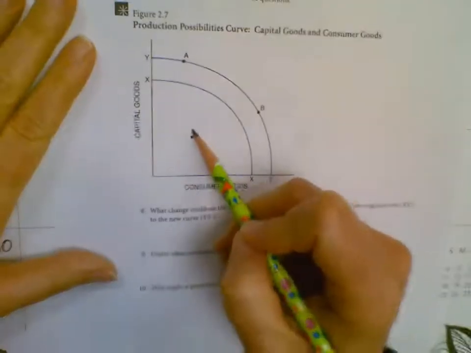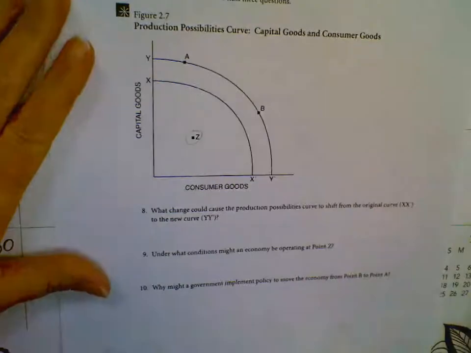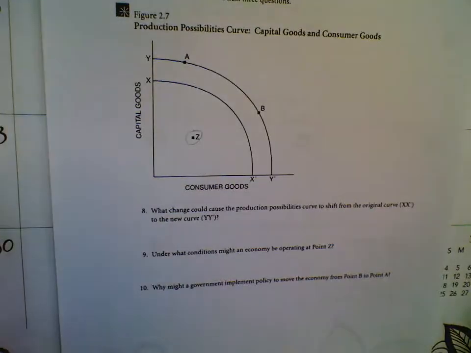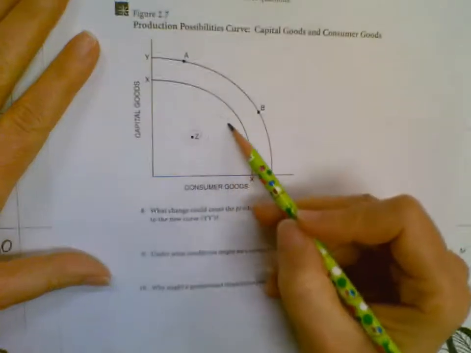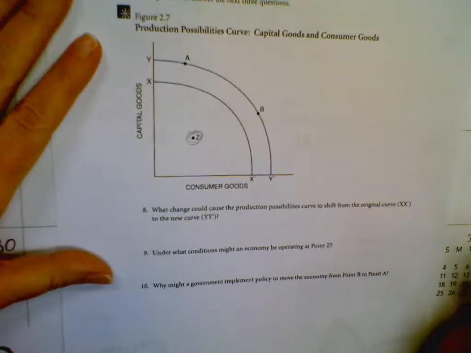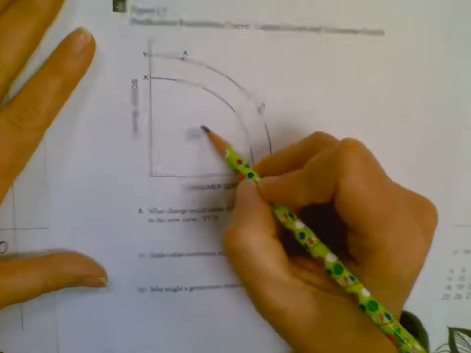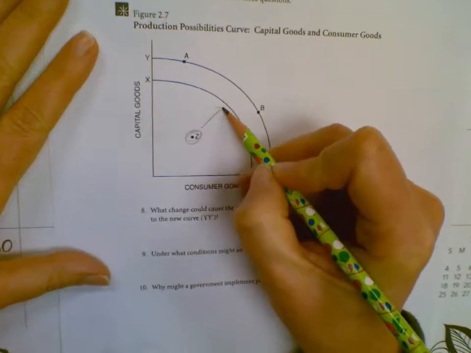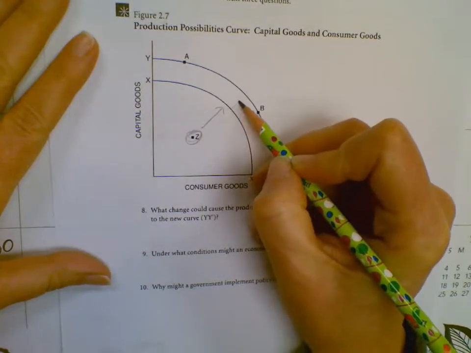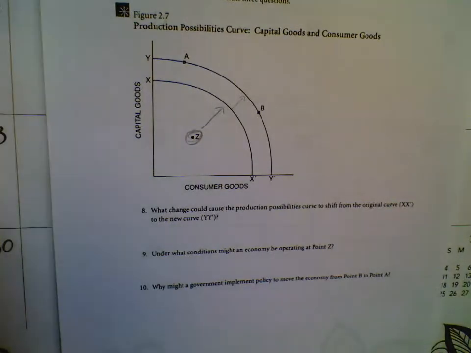They think that going from this point to this point is an increase in technology. It is not. We have all the available technology to produce at this point. All this is saying is that we have unemployment. People are not working. So when you're not using your resources and now we start using them, we go this way. To move the whole entire curve means we've found new resources and we have new technology.